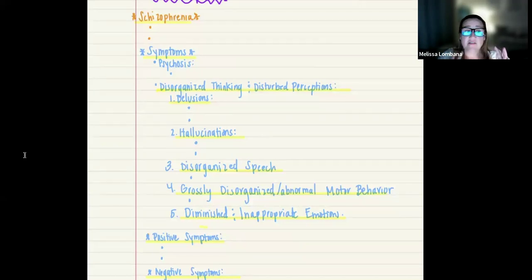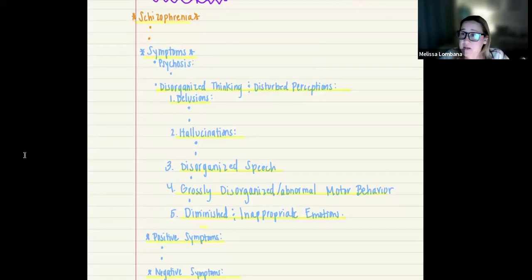Hallucination is that they're having a false sensory experience, which means that they can either, and it could be any of their senses. It could be auditory, it could be visual, it could be taste, it could be smell, it could be touch. So any of that, they'll feel that or experience that even though it's not happening in real life, okay?